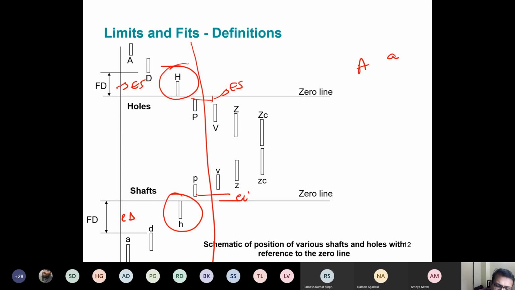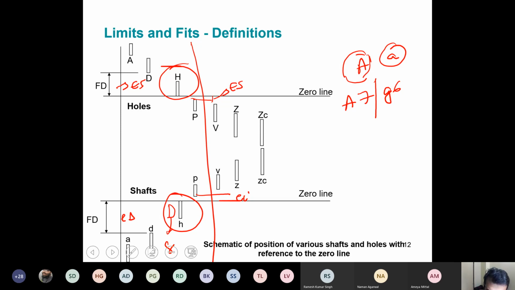So the first letter basically tells us what the fundamental deviation will be. And then there is a second digit, like A7, G6, something like this. So this G tells me that G will be somewhere here, and this is the band.